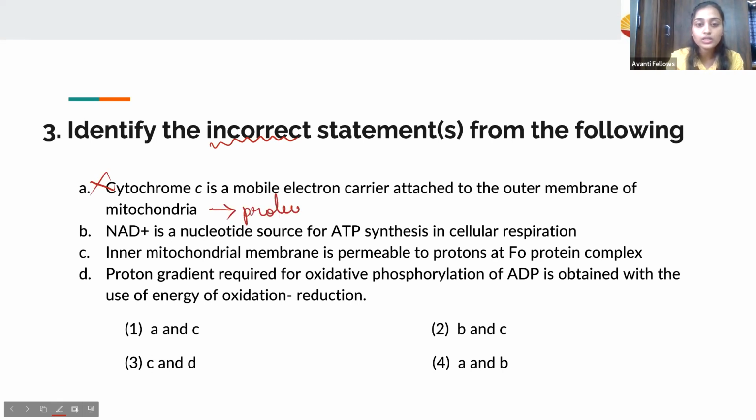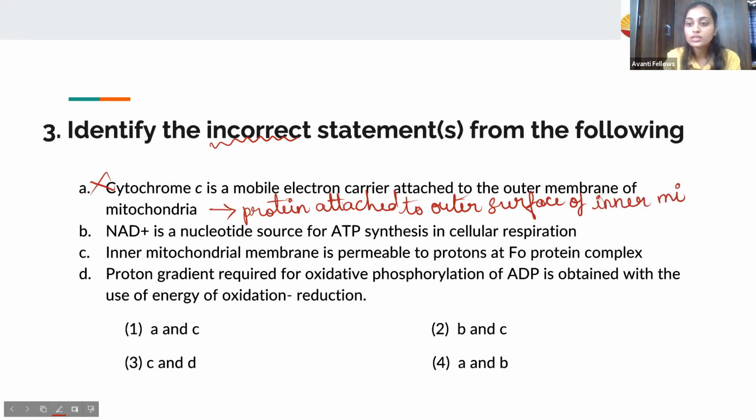cytochrome c is a protein which is attached to the outer surface of the inner mitochondrial membrane. Yes, inner mitochondrial membrane. So the first statement is wrong.